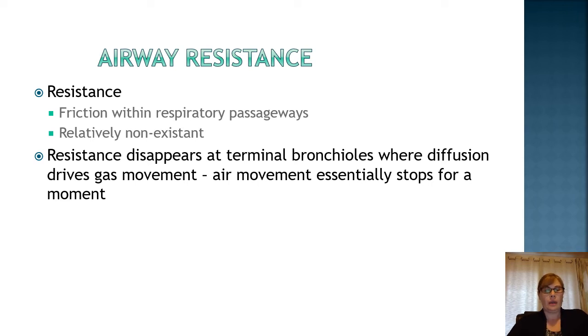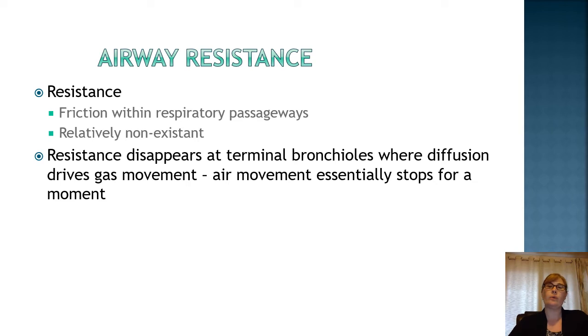So once the air gets to the terminal bronchioles, remember we had our pathway: primary bronchi, secondary bronchi, tertiary bronchi, bronchioles. We end up getting to terminal bronchioles and then respiratory bronchioles.